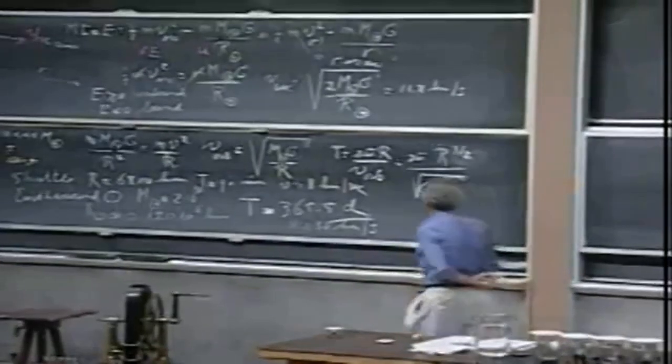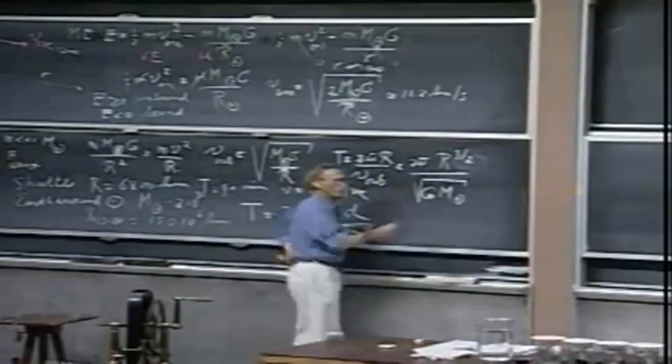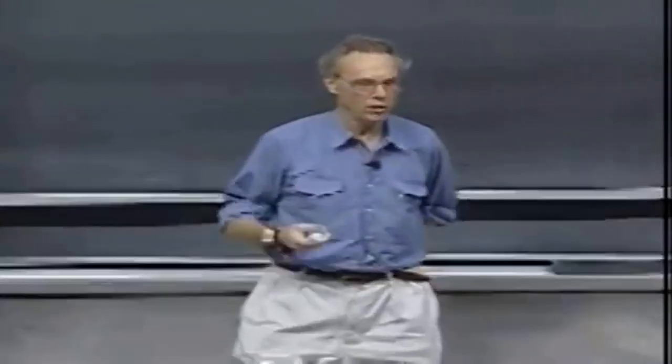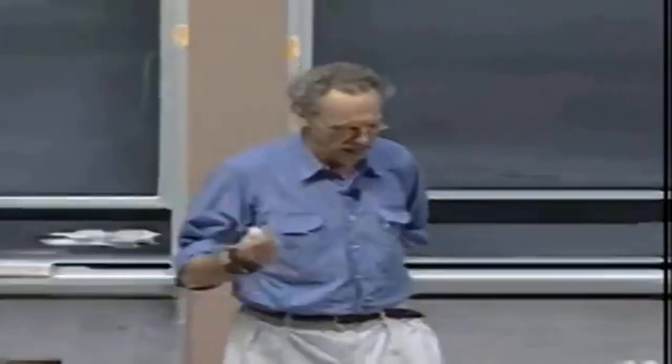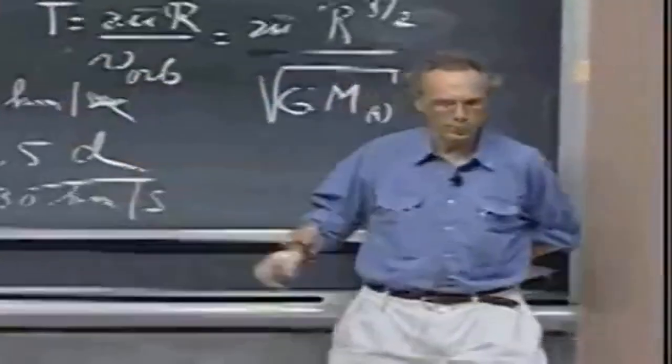Notice that this period is independent of the mass of the little satellite. And that was very unfortunate for the Americans when on October 4, 1957, Sputnik was launched. They could find the radius very easily because they knew the period that it took Sputnik to go around the Earth, which was about 96 minutes. They could calculate the velocity, they could calculate the radius, but they had no clue about the mass.